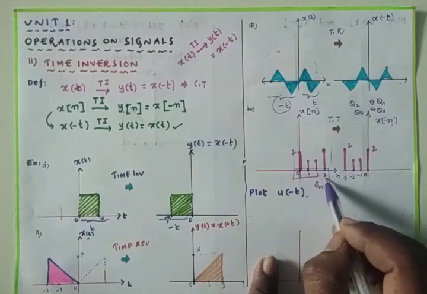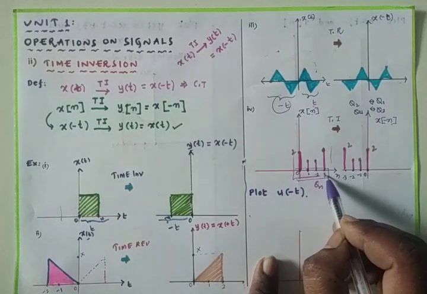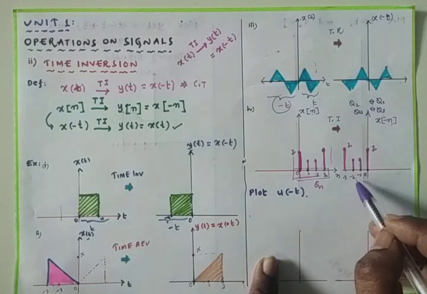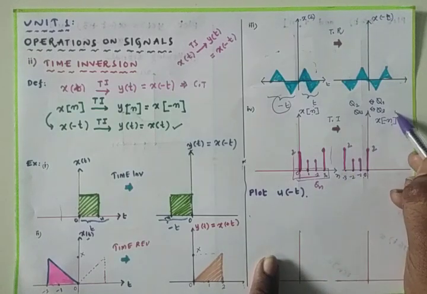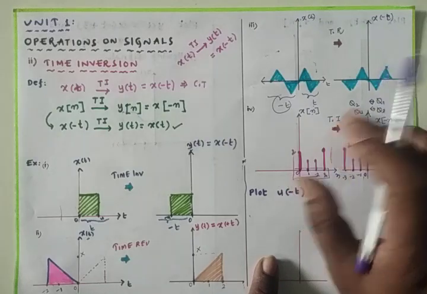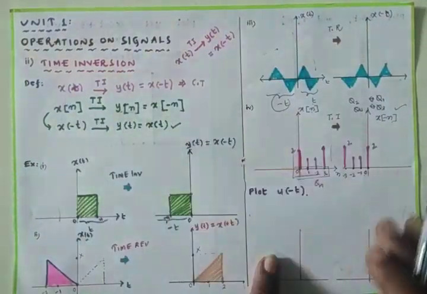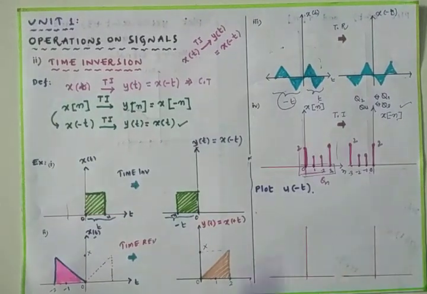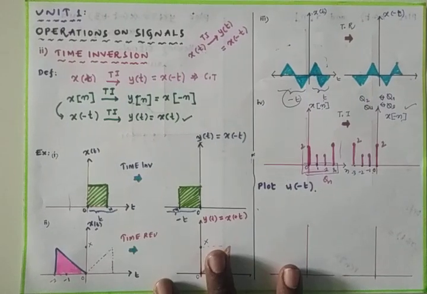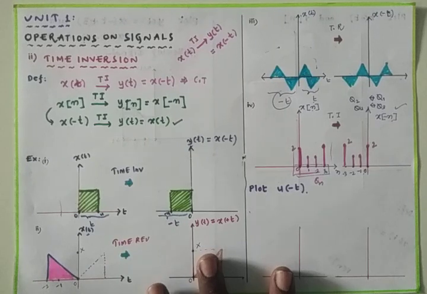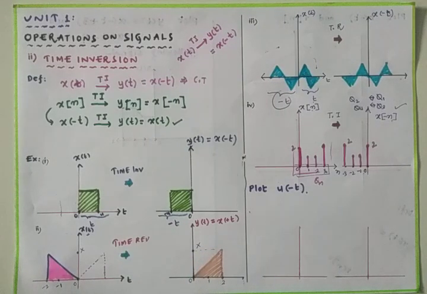Here 0, 1, 2, 3 are the n, so that 0, minus 1, minus 2, minus 3 are the minus n. The signal will simply be folded to the opposite quadrant. That signal is named a time inversion signal or time reversal signal. Like that you can draw any signal by making use of the inversion operation.